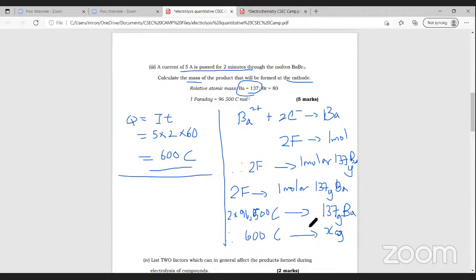If we cross multiply, x is going to be equal to 600 times 137 over 2 times 96,500.